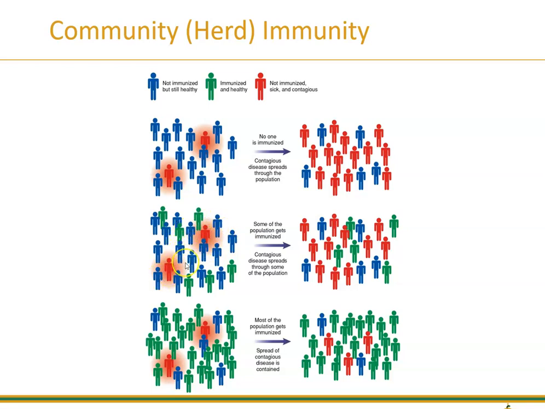We still have the same two non-immunized sick individuals that are contagious. You can see how it does spread, but not as much as we saw in the first one. So the contagious disease will spread through some of the population. Now, if we look at the bottom one, the majority of the population is immunized. We still have the two that are not immunized, sick, and contagious. So the spread of the disease is somewhat contained compared to what we saw in the top picture.